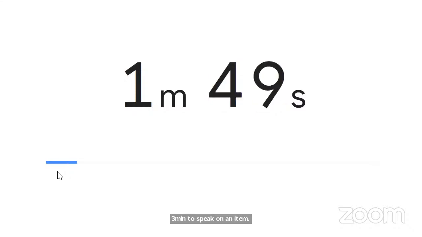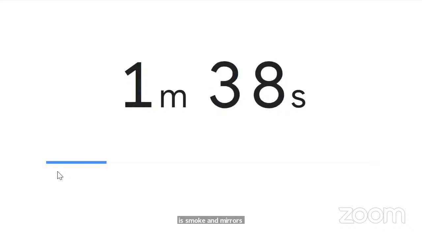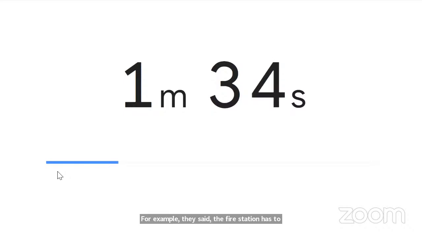Okay. I've looked over all of this material, and basically the consultant's report is smoke and mirrors. For example, they say the fire station has to be prepared before anybody is resident. That's not true. It has to be prepared as soon as SunCal gets out of the ground.